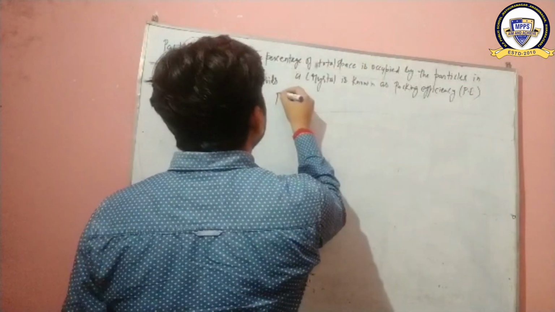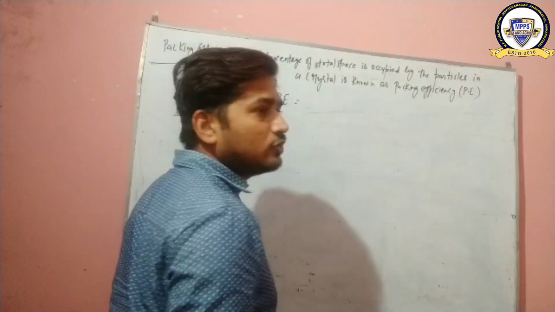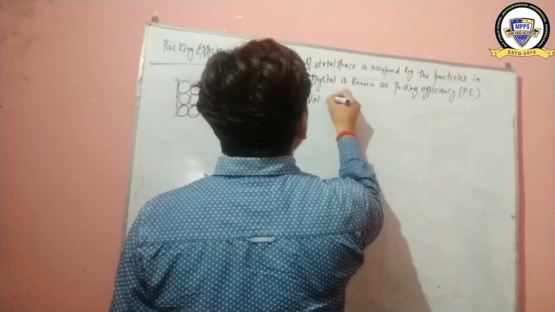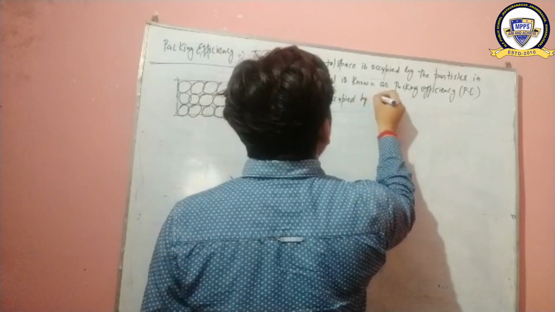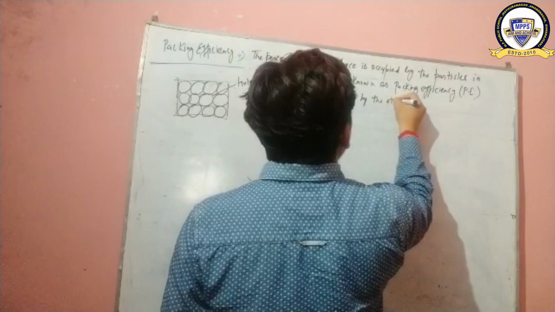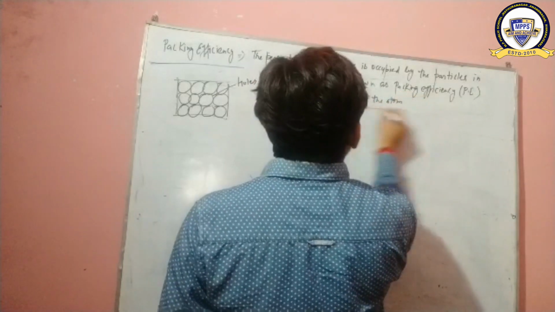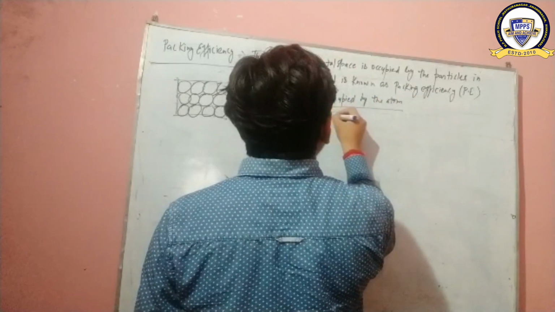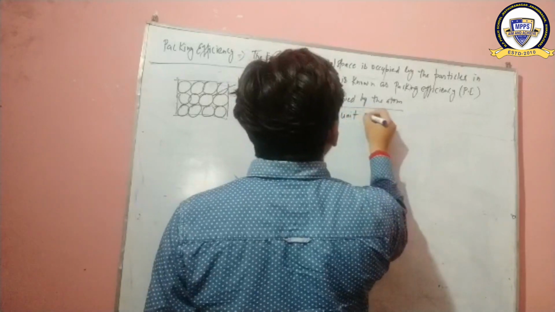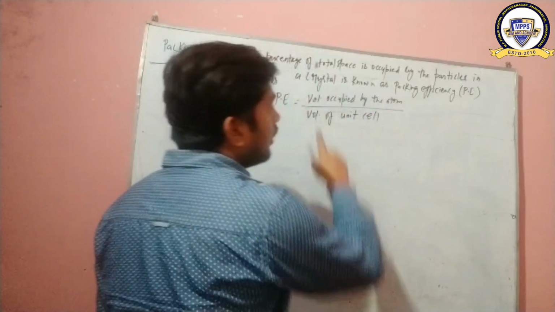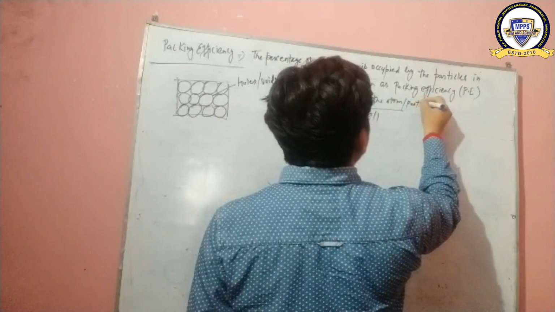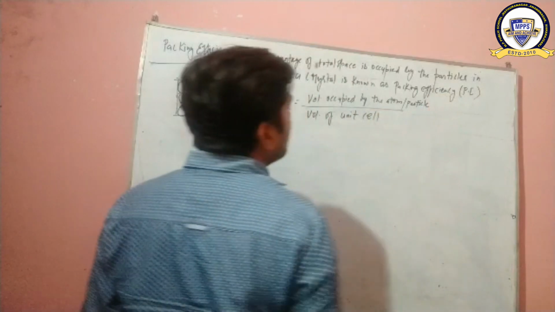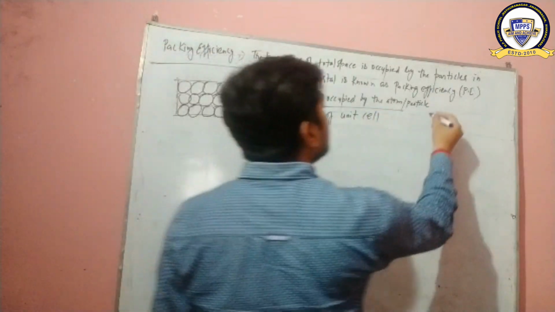So packing efficiency is equal to volume occupied by the atoms or particles divided by volume of unit cell, into 100.